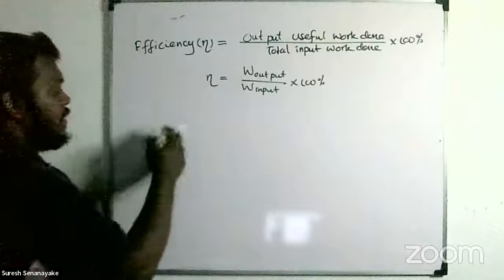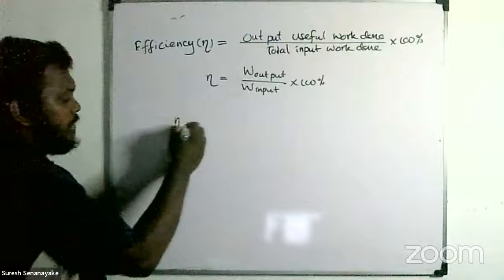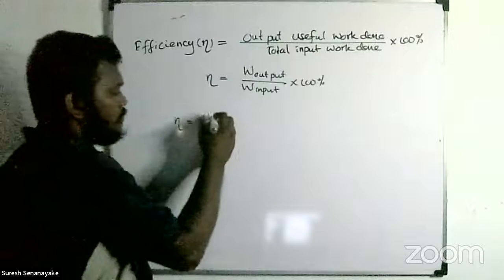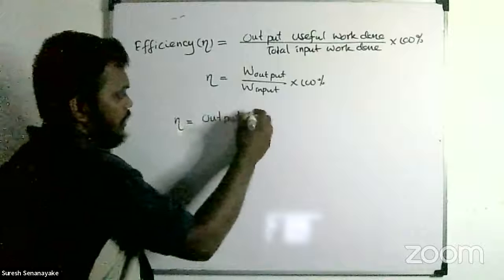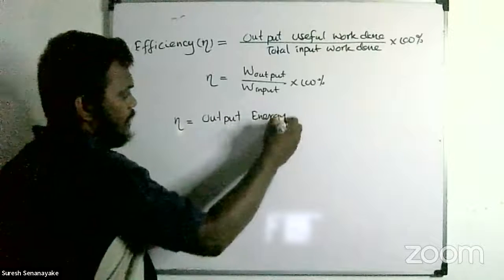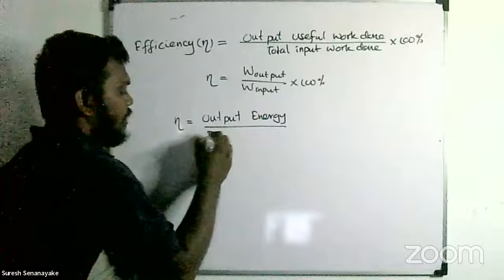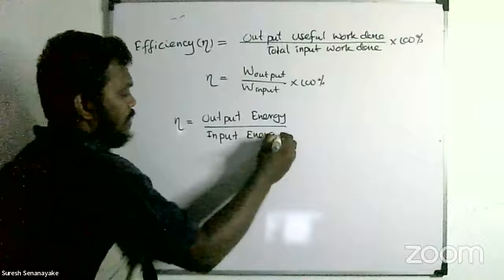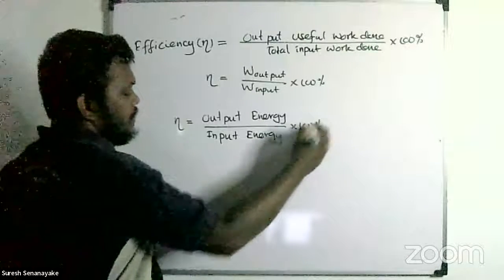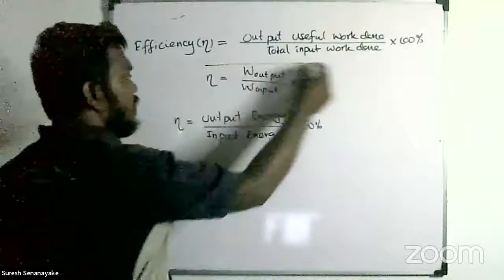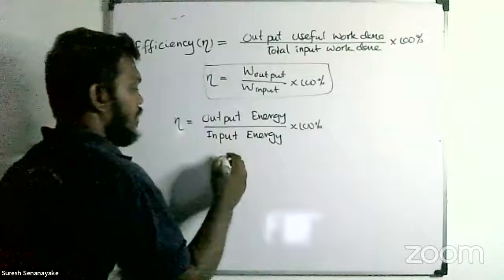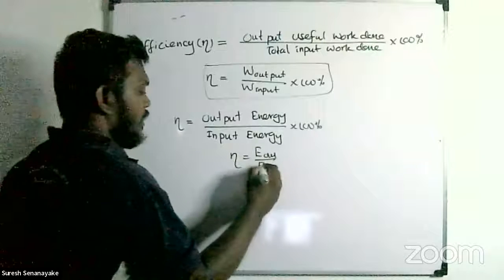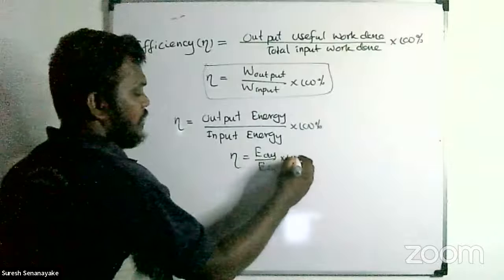You can also define eta as the energy output, the output energy, divided by the total energy given to the system, that's the input energy, multiplied by 100. In symbols, E out divided by E in, multiplied by 100.